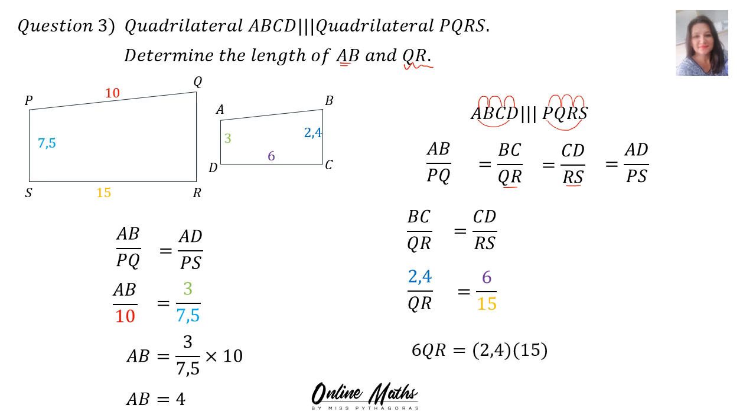Then we can cross multiply and we can say that 6QR is equal to 2,4 times 15, which is 36, and we can divide away the 6, therefore QR's length is 6.